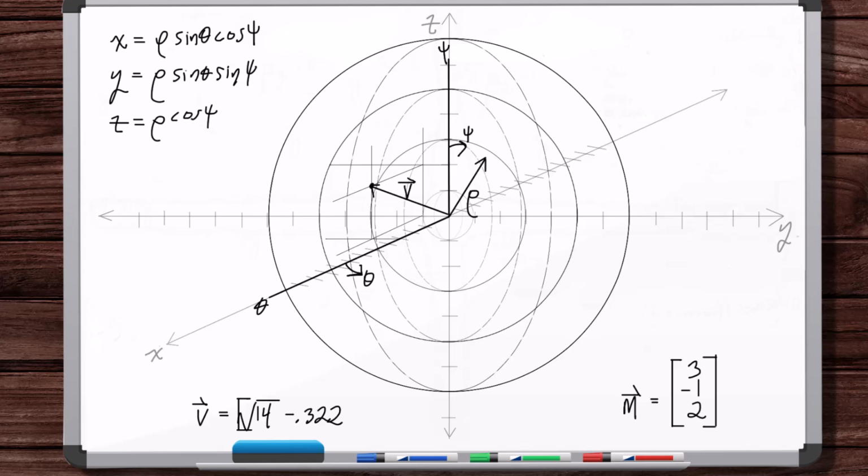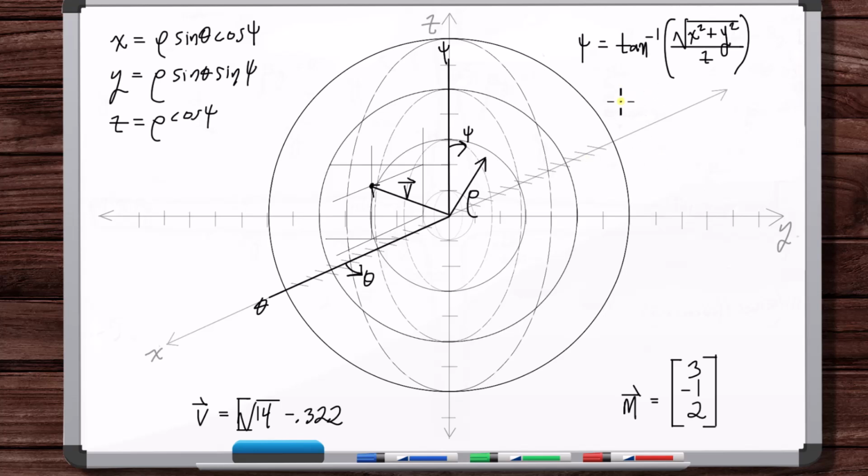Now for psi, psi is equal to arctangent of the square root of x squared plus y squared over z.